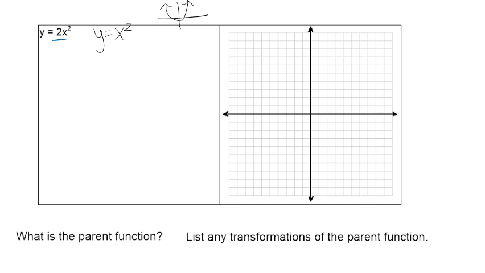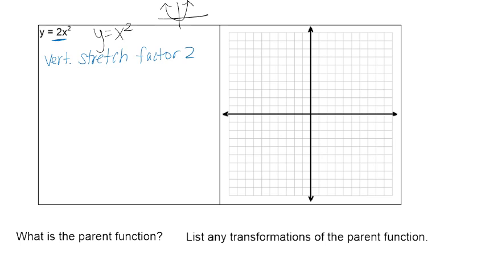And now, since we're multiplying by 2, and we're multiplying on the outside, we're technically going to call this a dilation, or you could also call it a vertical stretch by a factor of 2. Okay, if you were to just call this a stretch by a factor of 2, I'm okay with that. If you were to call it a dilation by a factor of 2, I'm okay with that as well.